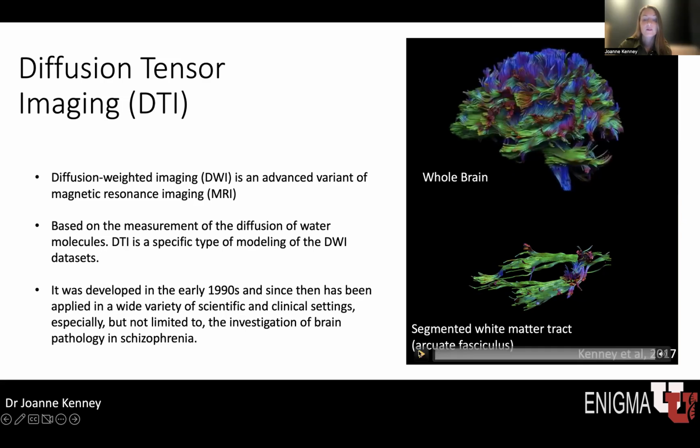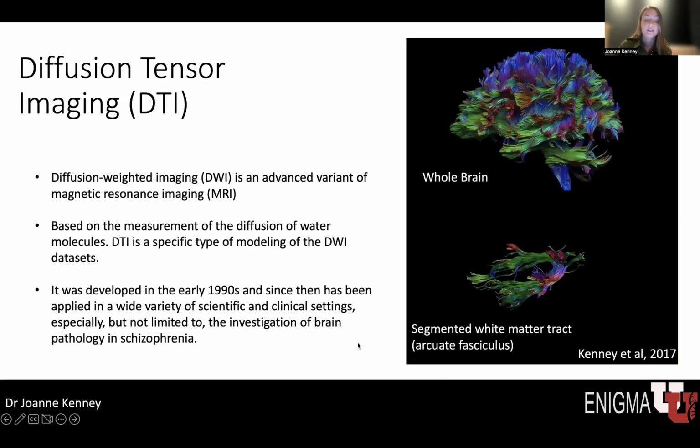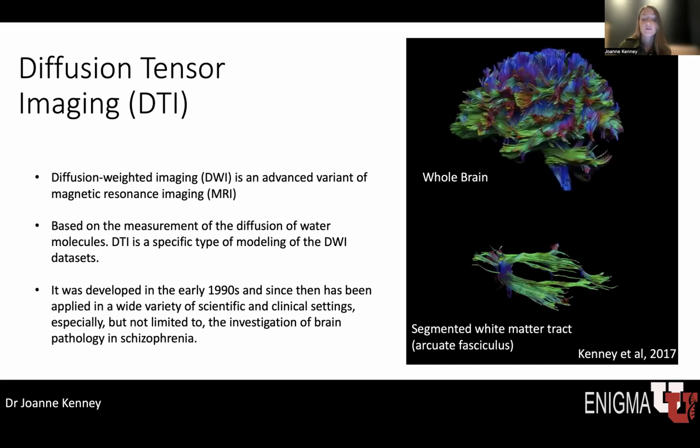And we can study these white matter tracks in more detail compared to a structural MRI scan. So it can provide unique insights into brain network connectivity. So it was developed in the early 1990s, and since then has been applied in a wide variety of scientific and clinical settings, especially, but not limited to, investigations of brain pathology in schizophrenia.